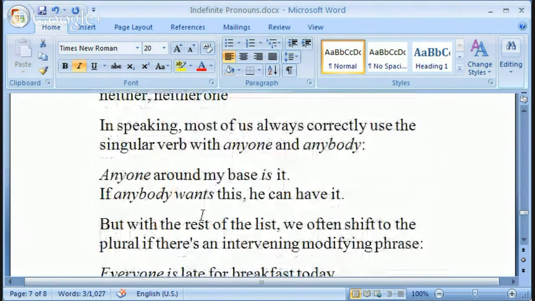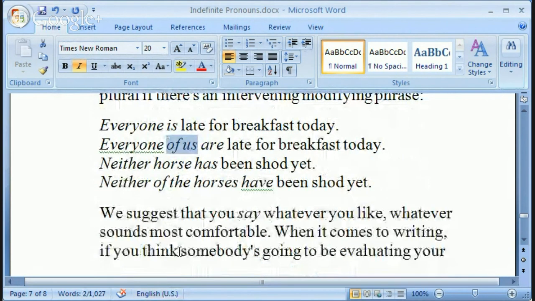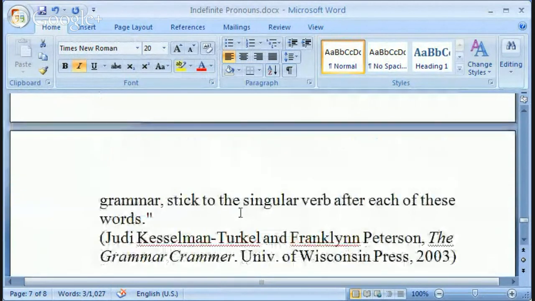So the main idea you have to understand is that when you use a modifying phrase of whatever, usually of, you have to consider the noun in the modifying phrase. That's basically the idea.